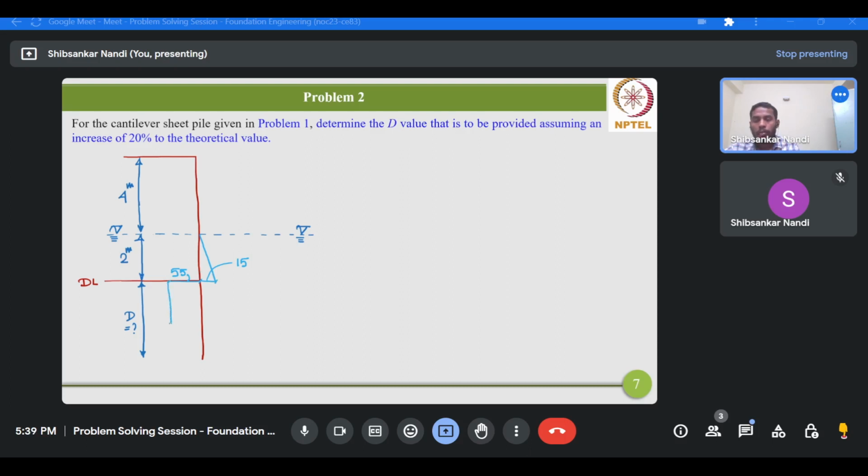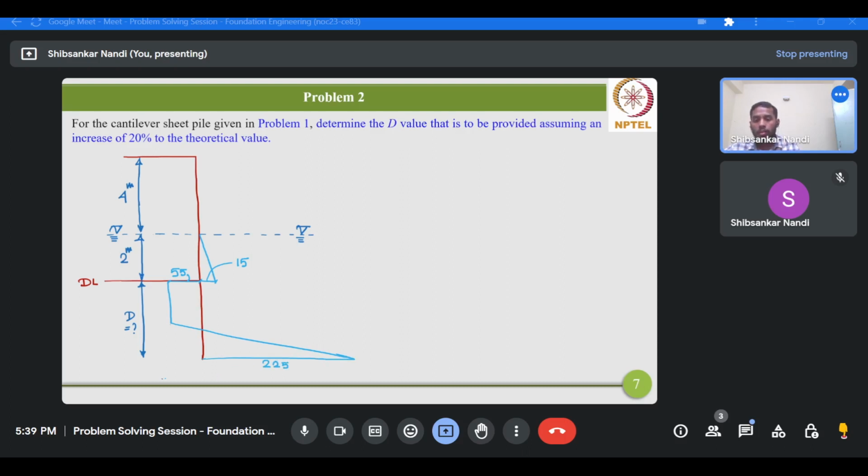Then it remains constant up to a certain depth, and finally it becomes 225 at the bottom or base of the wall.